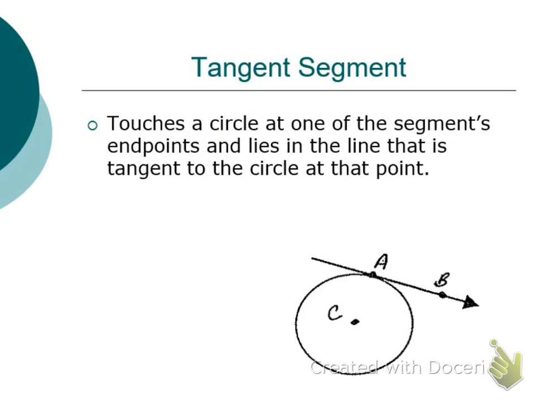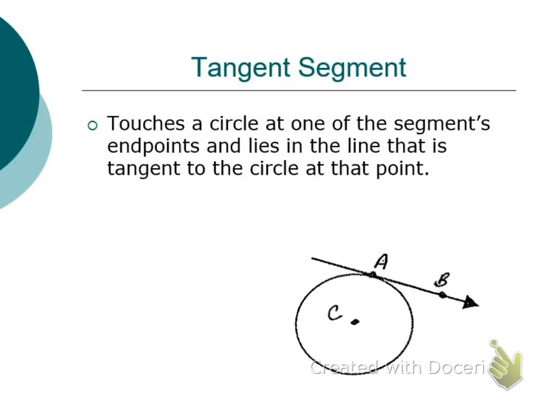Next on the back, we've got notes about a tangent segment. A tangent segment touches a circle at one of the segment's endpoints and lies in the line that is tangent to the circle at that point. And they've got a picture for us here.